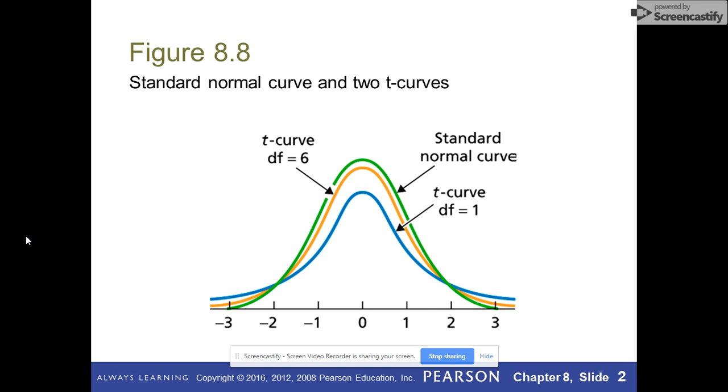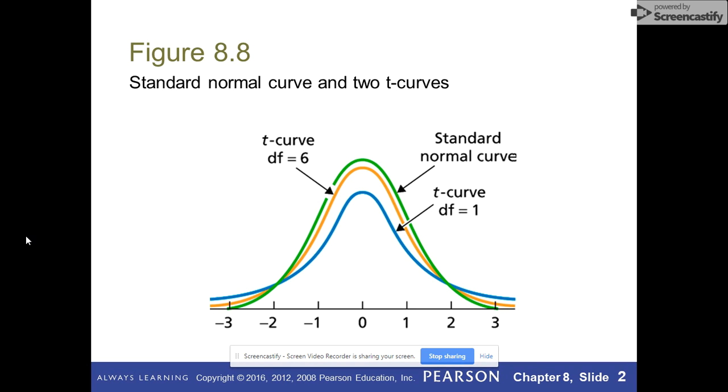And you can see some differences between the two t curves shown. So the blue curve is a t curve with degrees of freedom equal to 1, and a t curve with degrees of freedom equal to 6 is your orange curve. Notice that with a higher degree of freedom, the t distribution looks closer to the normal distribution.